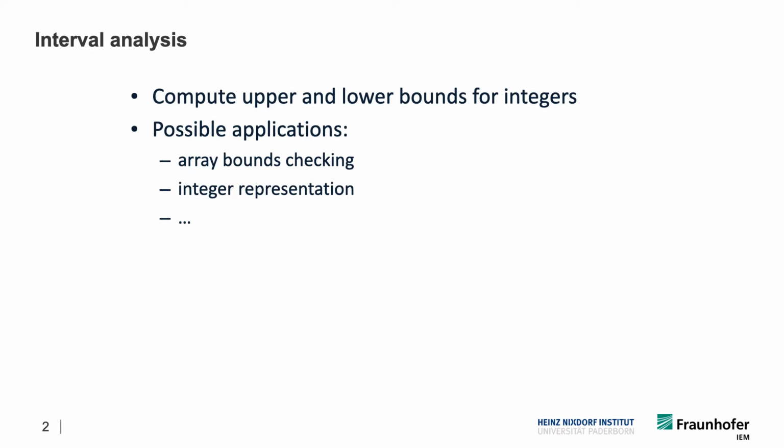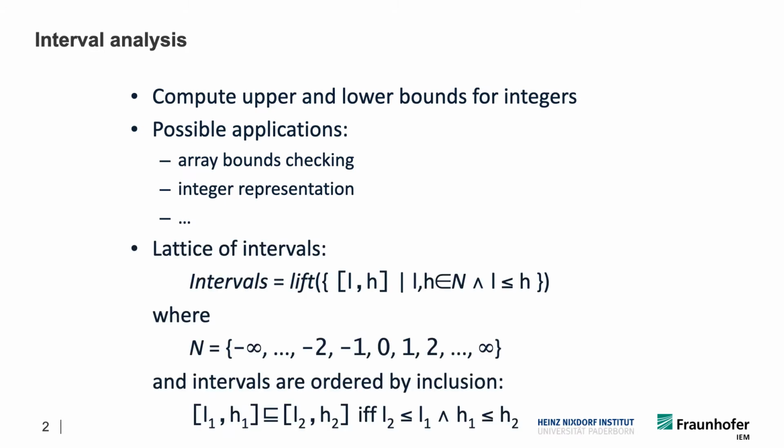And this has a number of possible applications, right? For instance, array bounds checking, which can be useful to detect buffer overflows in security, but also to choose some well-fitting integer representation in compiler optimization and so on.